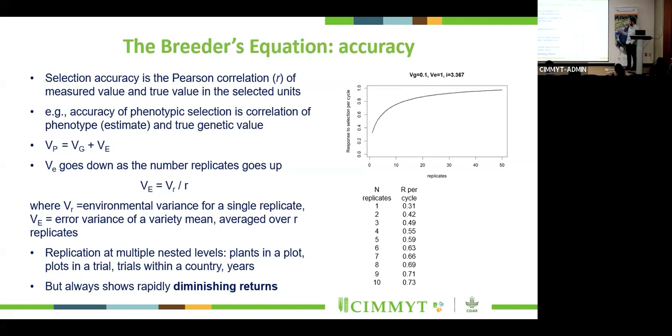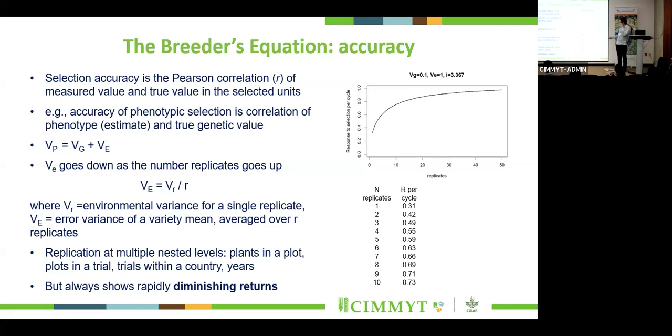As a general rule, depends on the trait, depends on what you're trying to do. In most trials, we really don't need more than 2 replicates because we could spend those resources on changing other aspects of the breeder's equation much more efficiently. So you need a certain minimum number of replicates of some lines in a trial because you need to estimate the heritability, you need to estimate other quantitative genetic parameters potentially.